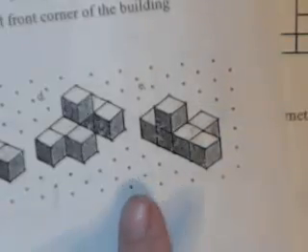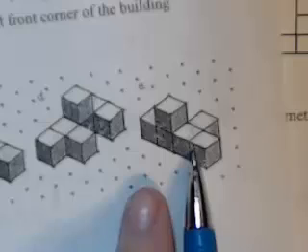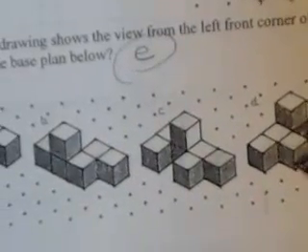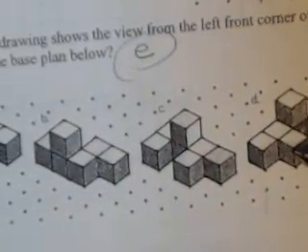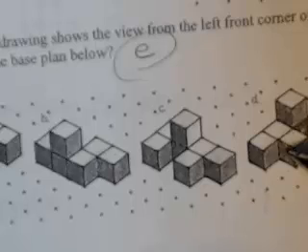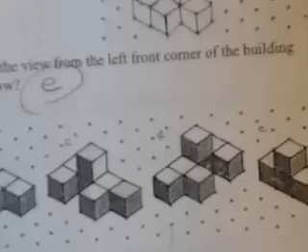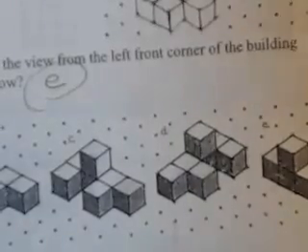If we're looking at it from the left front, this would be, if we're looking at it from the right front, then this would be. So looking at it right front, it's this one. Looking at it left front, it's this one.